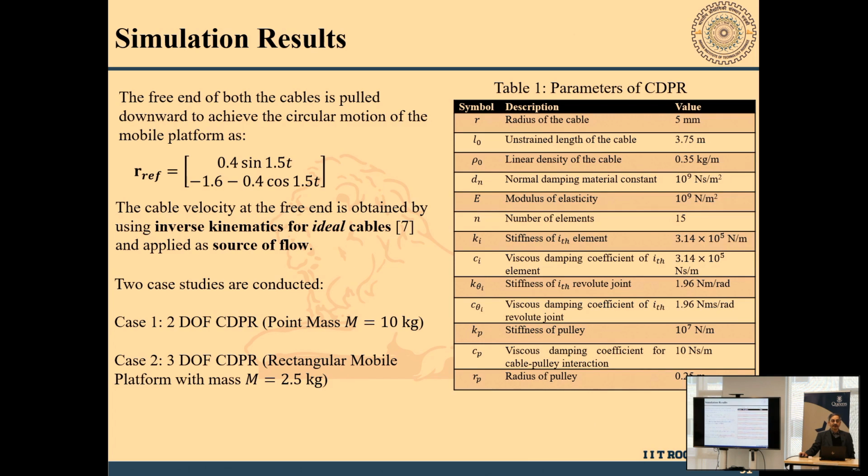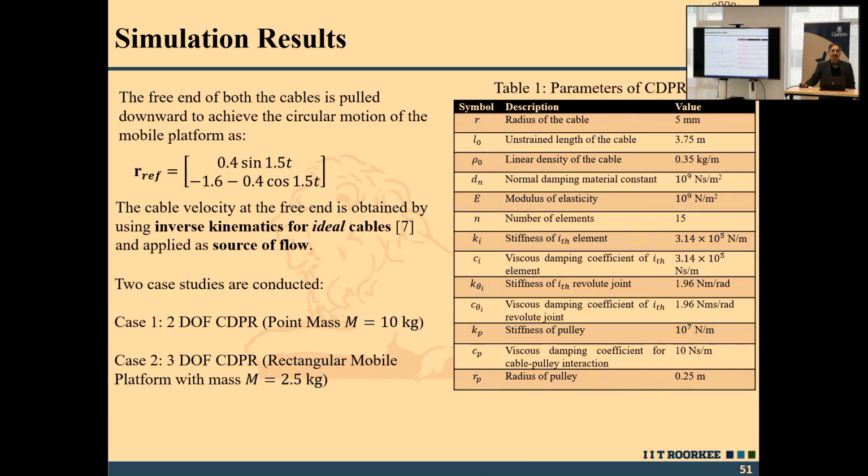So, here comes the simulation result. The free ends of both the cables are pulled downward to achieve the circular motion of the mobile platform. Say this is the reference trajectory which we gave, and the cable velocity at the free end is obtained using inverse kinematics for the ideal cable case.